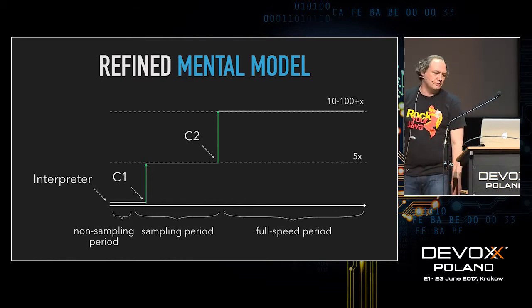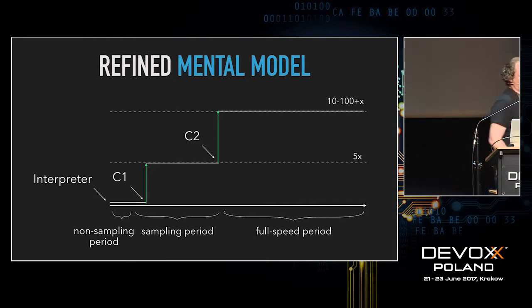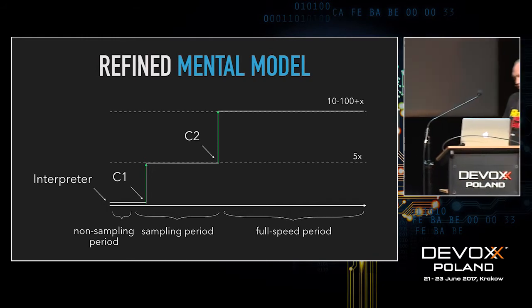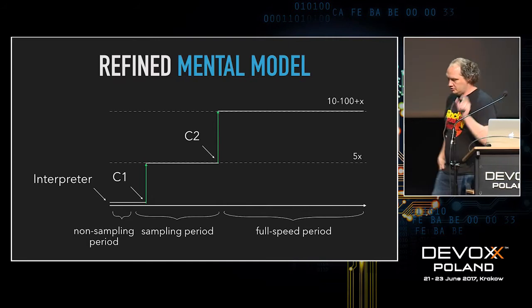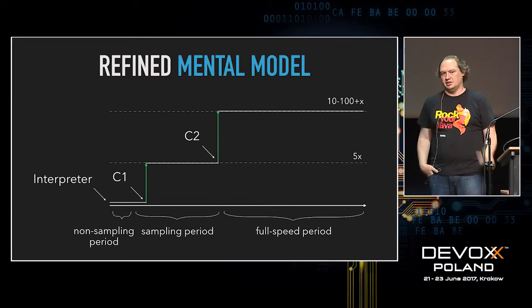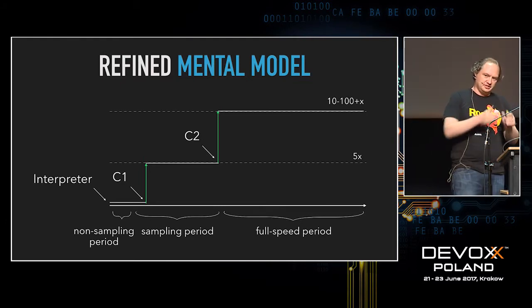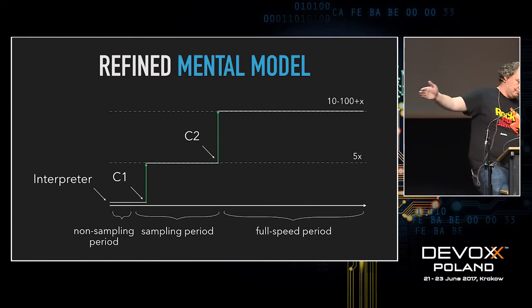So to refine the mental model a little bit, when we start running a method, there's a short period where we don't sample the behavior of what you're doing because you do a lot of one-time setup stuff. And that's not interesting. That's not what you're going to do for the rest of time.